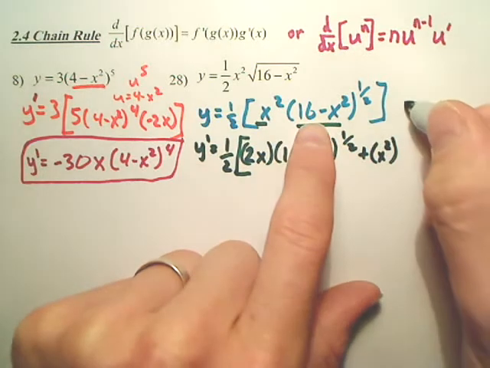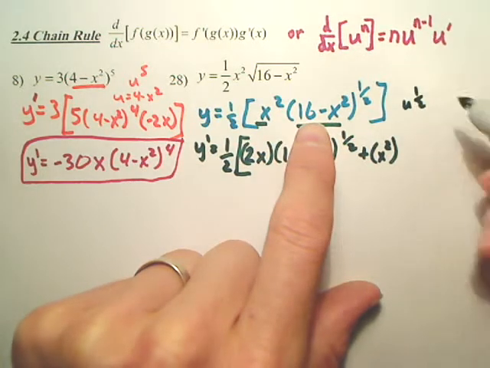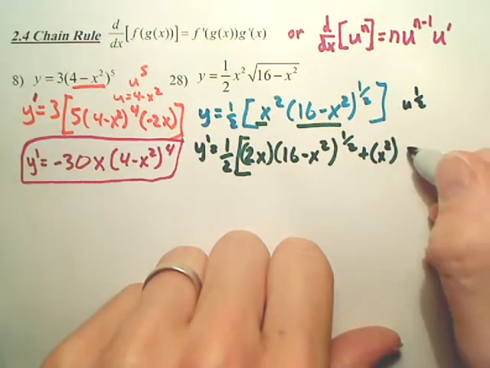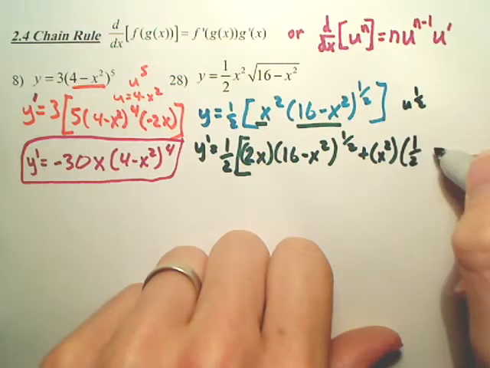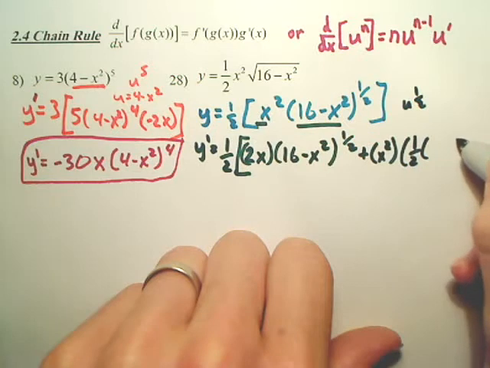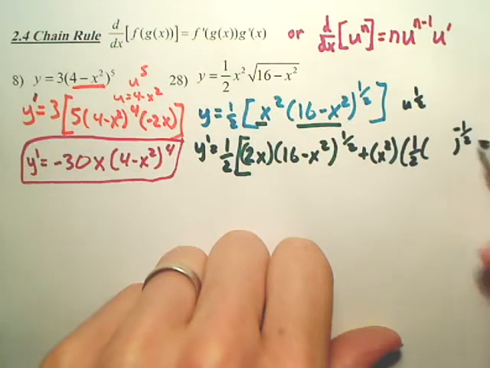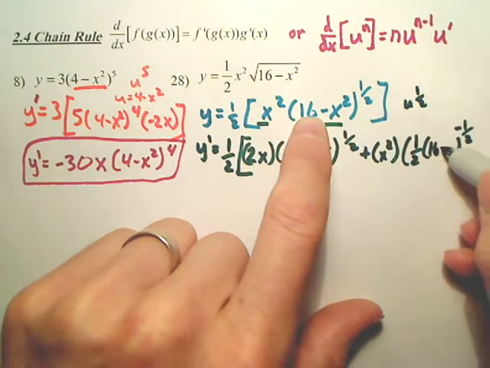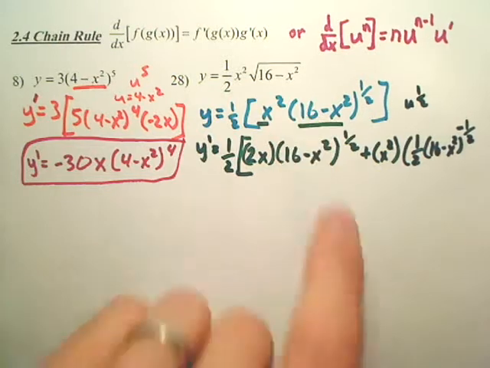Do you see right here, you have u to the 1/2? So how do you derive u to the 1/2? It's 1/2 u to the negative 1/2. And what's u? u is still 16 minus x squared.